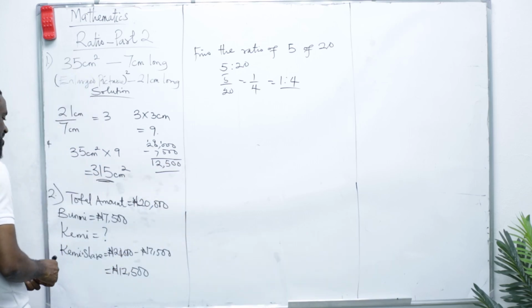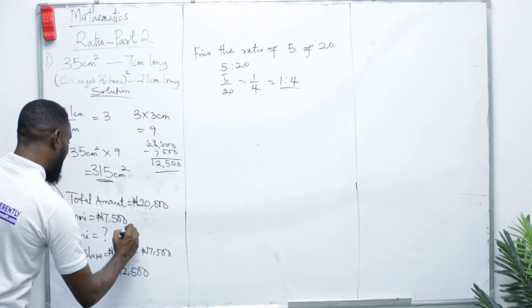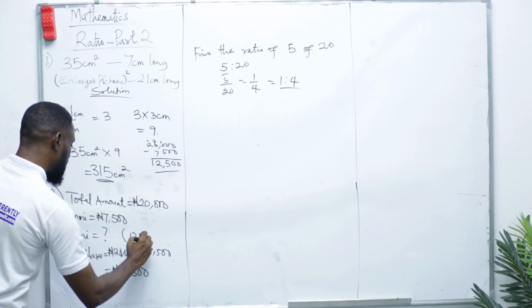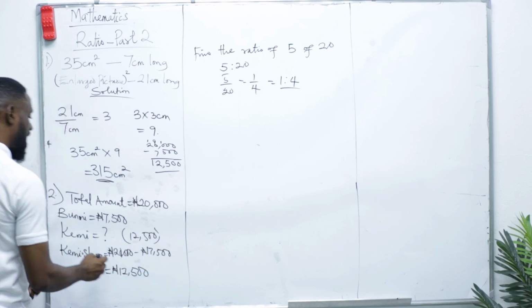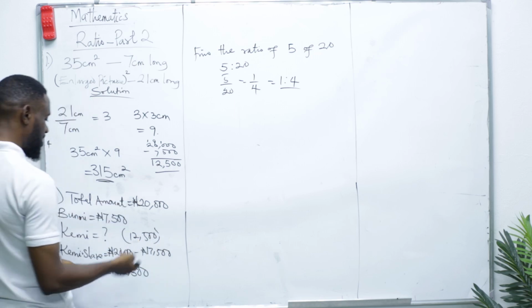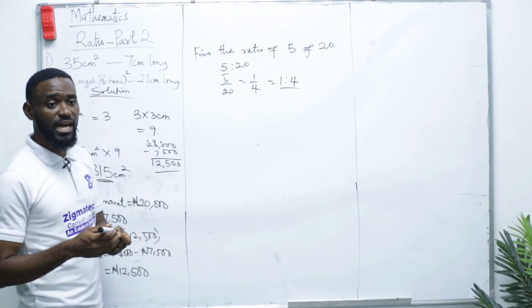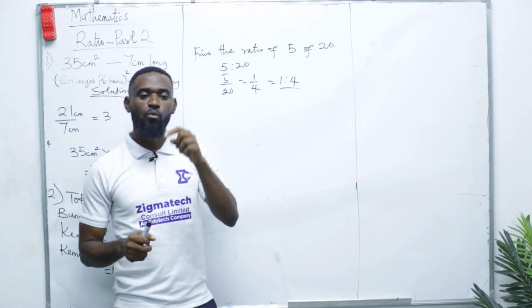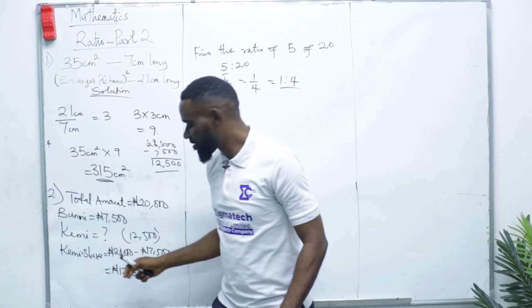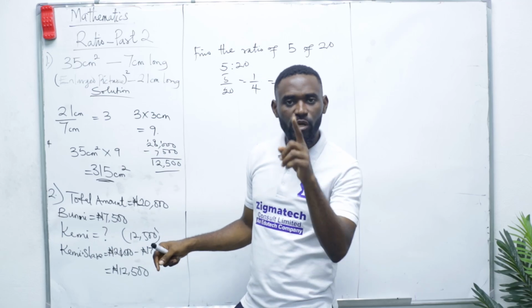Now, it means that Bumi now has 7,500 and Kemi now has 12,500. Do you understand? So the question now is what they are asking. What is the ratio of this sharing? Let's know what the ratio is.